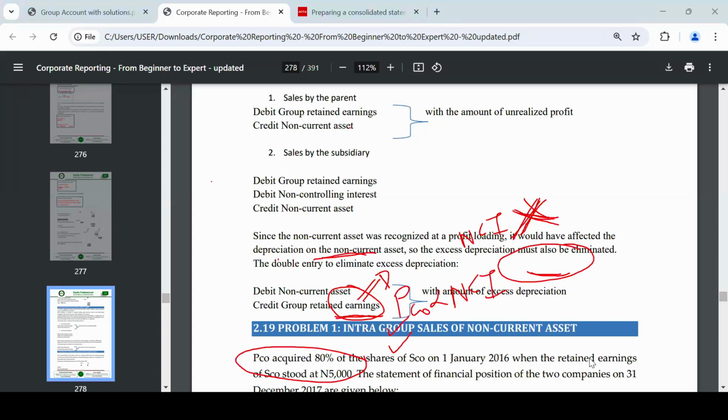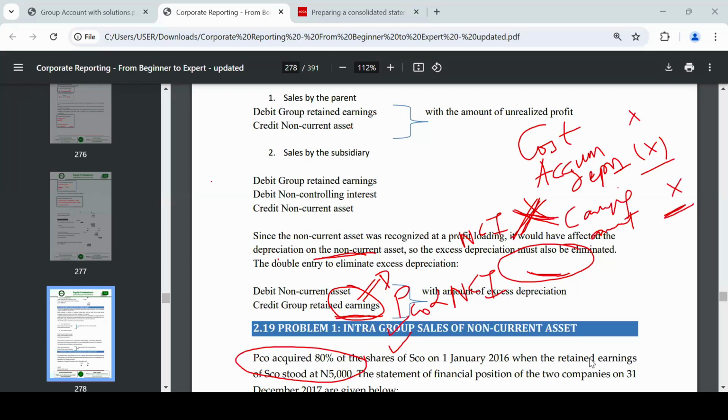All right. For us to realize profit, we would have treated both costs and accrued depreciation. All right. We have a carrying amount.